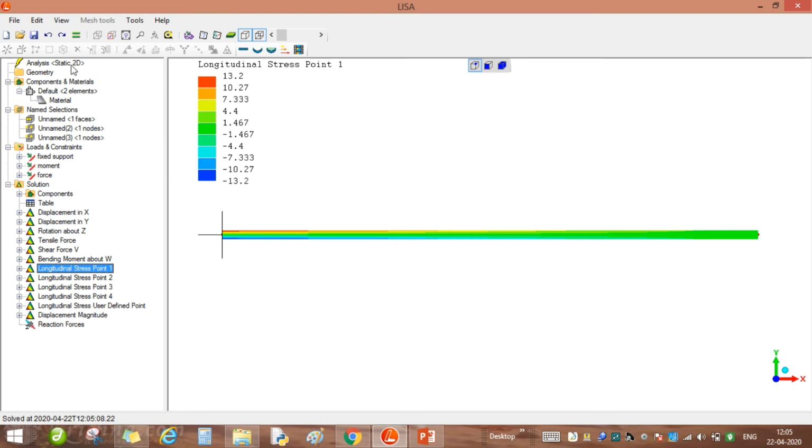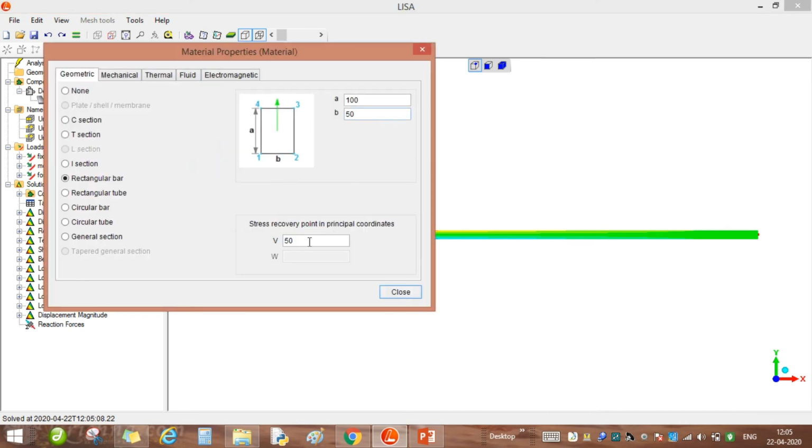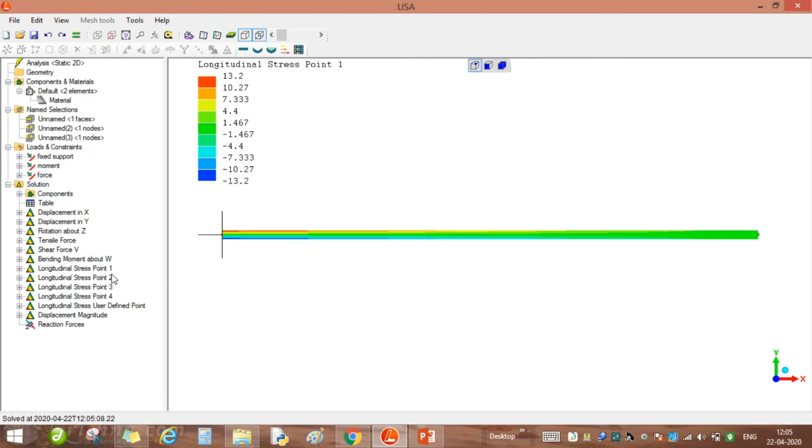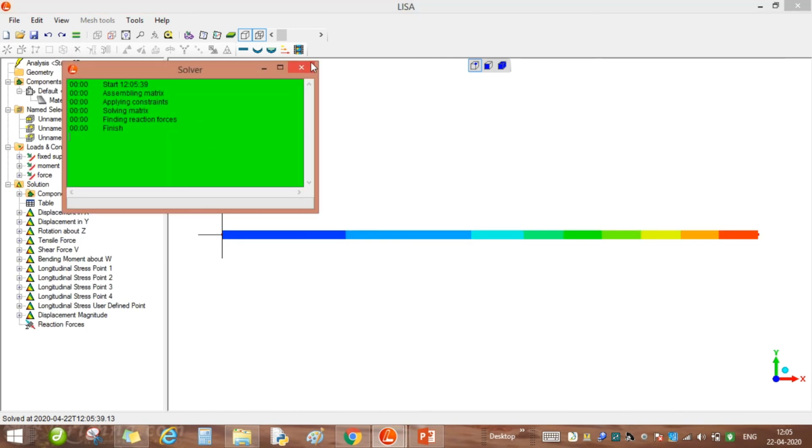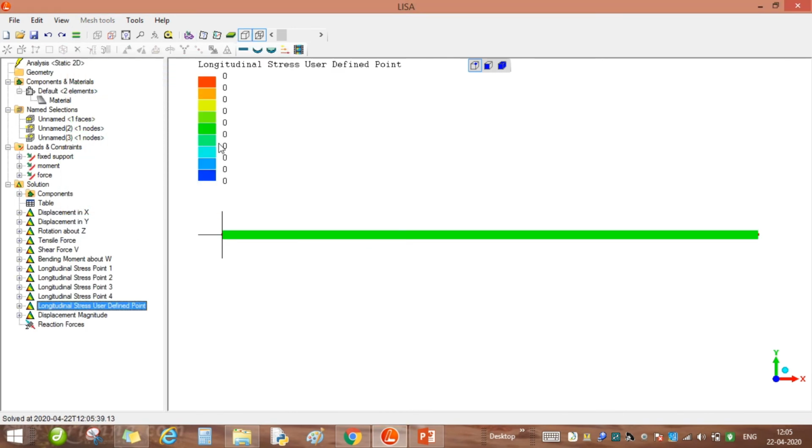Now if I change this stress recovery point to 0, 0 means it is now at the neutral layer of this beam, and we solve it again and see what is the value. Now you are getting 0 on the longitudinal stress at user defined point, because we have opted a point which is on the neutral layer of this.